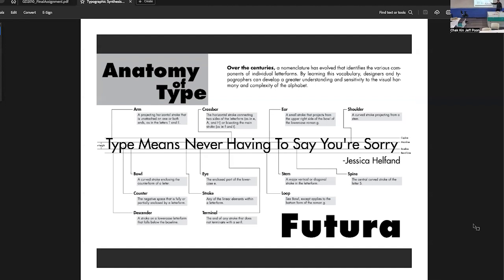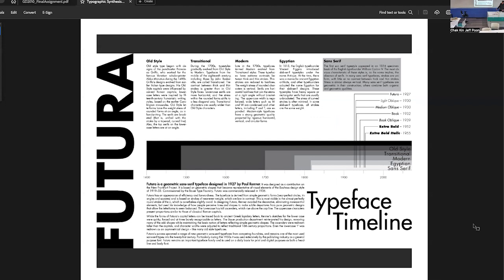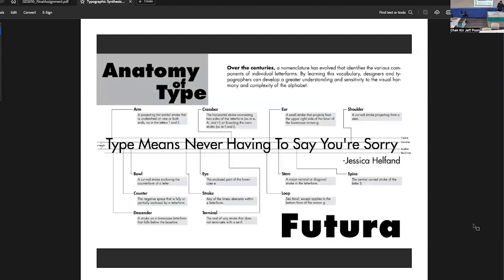So basically, on the first page we talk about the typeface timeline with the history of the font you pick, and also the idea about the classifications. Then the second page, or second part of this project, is the anatomy of type.